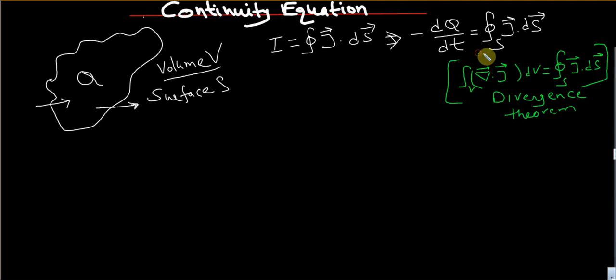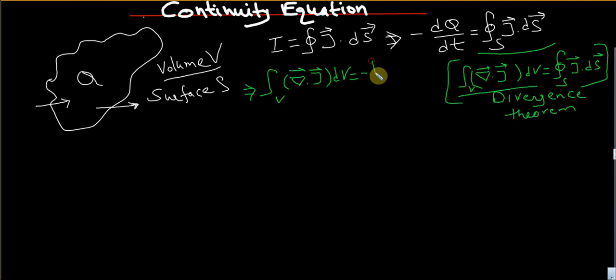So in place of this closed surface integral J dot dS, we can write this term. I'm writing the right hand side term first. So the volume integral of del dot J dV is equal to what?